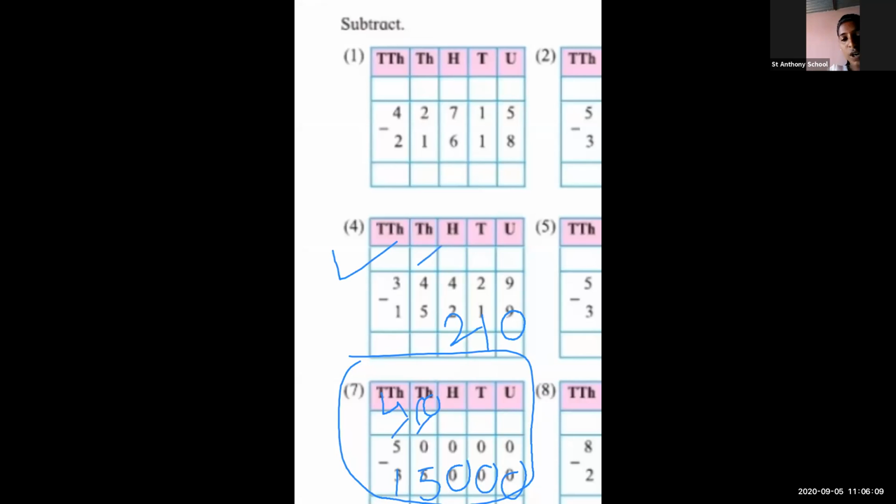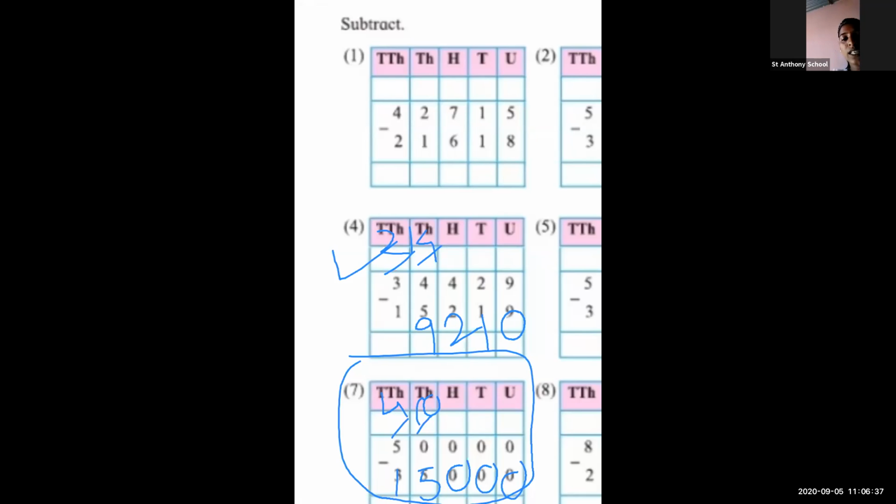So you want to write 14 over here. You want to take 1 from the 10,000 column. And 3 minus 1, how much remaining in the 10,000 column? It's 2. So you want to subtract from the 1000 column: 14 minus 5, it's 9.